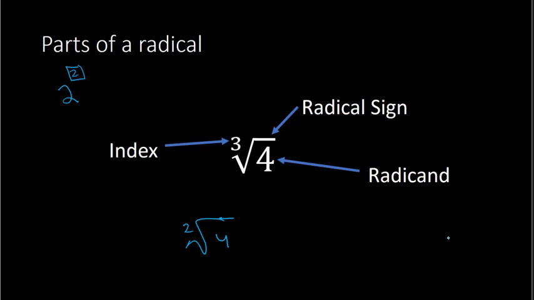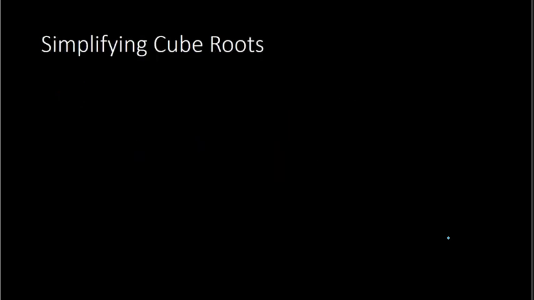Now from here, let's work on simplifying cube roots. For example, if you have a cube root of 120, what you want to do is pretty much the same thing you would do with a square root. And with a square root, there are different ways you can simplify and pull numbers out of the radical.